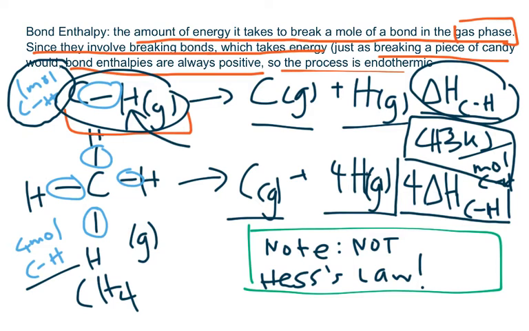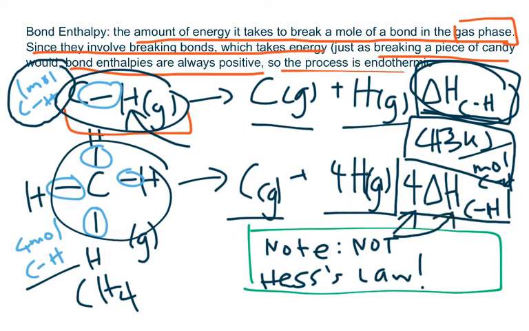So the enthalpy of the reaction will be 4 times that of the bond enthalpy, which describes just 1 mole of bond broken. And since there are 4 moles of bonds broken, then it's going to be 4 times the bond enthalpy for the CH single bond. And note that this is based on intuition and not Hess's law.